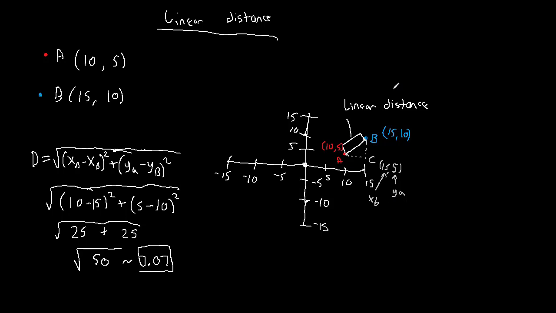So hopefully I'm not using too many colors here, but what we've done is, if we connect these 3 points up together, you'll see that we formed a triangle. Right, a right triangle. And I'm going to make this a little bit bigger here so that we can see everything. So down here, we had C with 15 and 5.